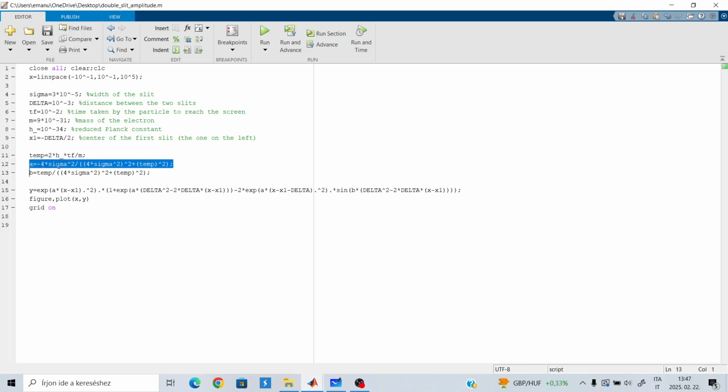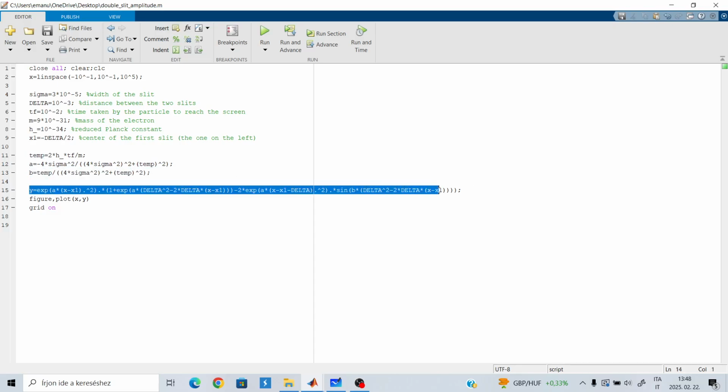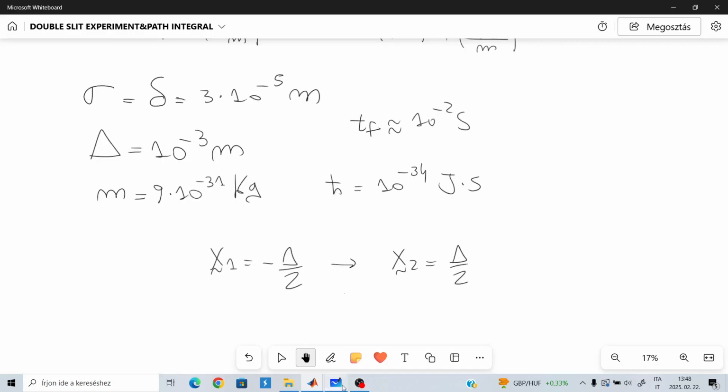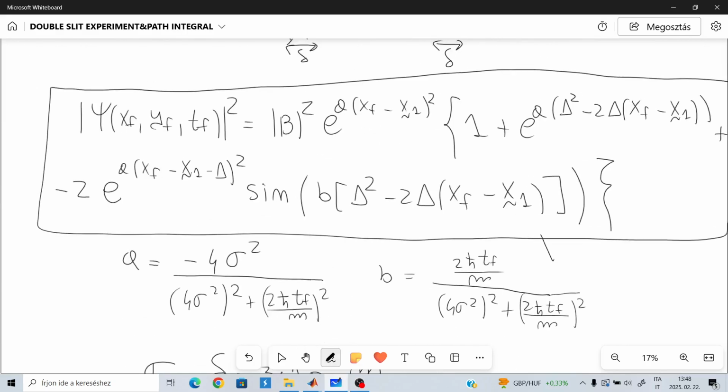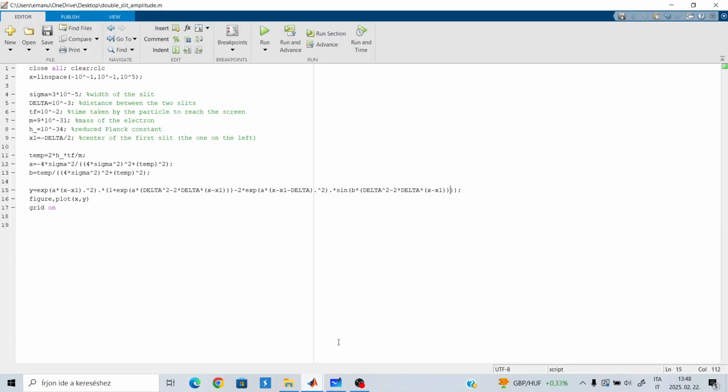I have calculated A and B, and then I have calculated the probability with this formula here. I have normalized the factor of b squared to 1 for simplicity. So we will get a non-normalized probability when I do the calculation, but that's not really important.